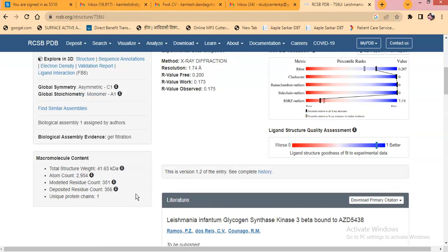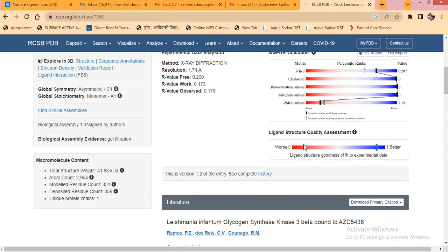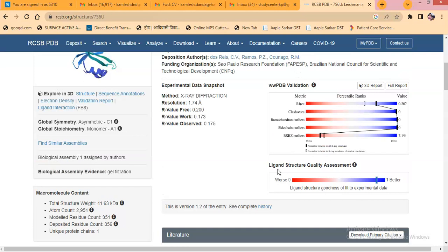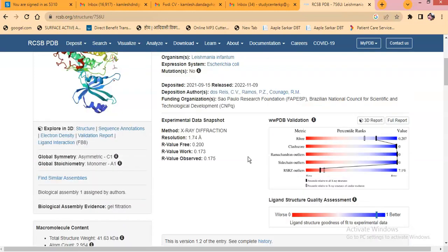If the standard number of amino acids in a particular protein varies from what is shown over here, it means there is a difference between the actual and the available number, so some amino acids are missing. Those missing residues disturb the geometry or quality.